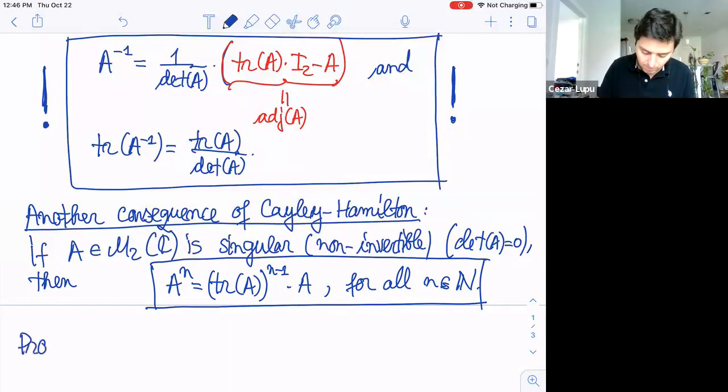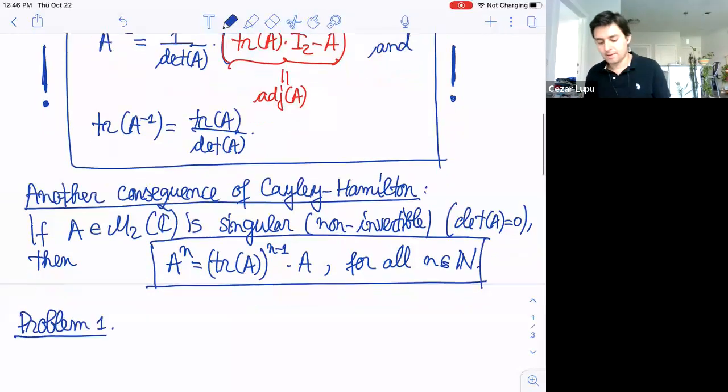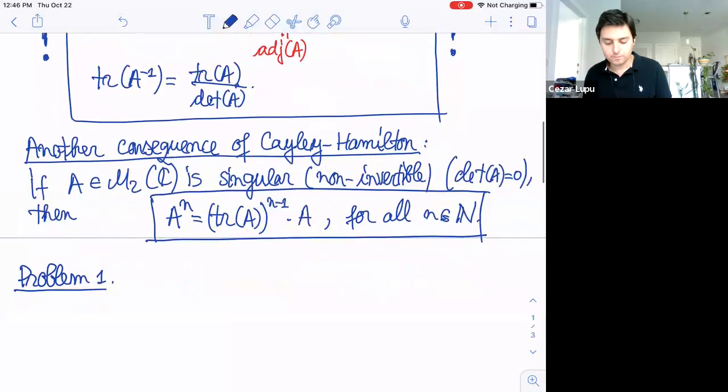For example, another consequence, and I will give this to you as a problem. Let's do problem 1. This is a classical problem, which says the following.